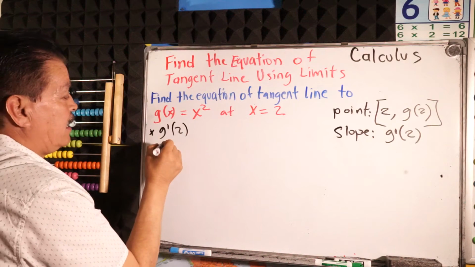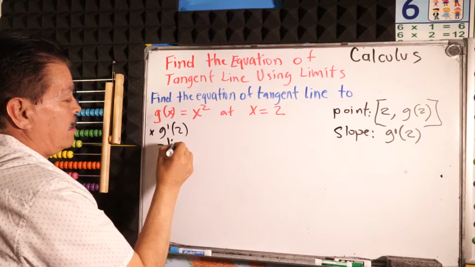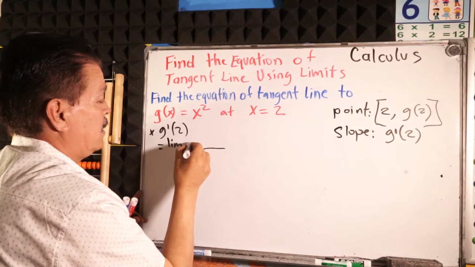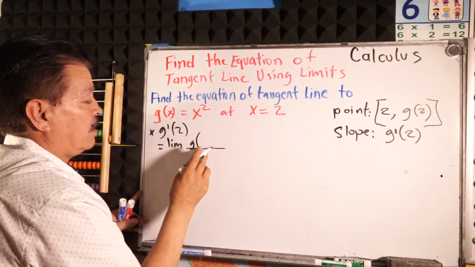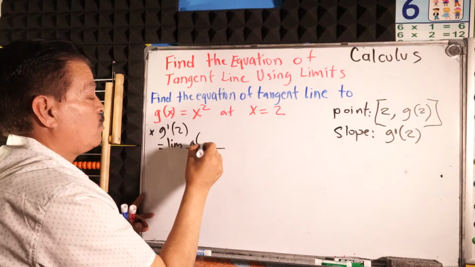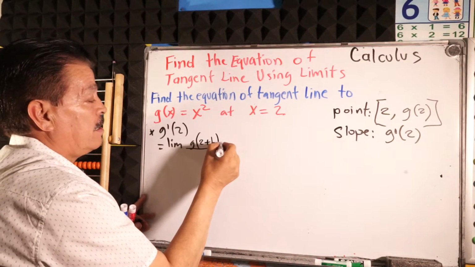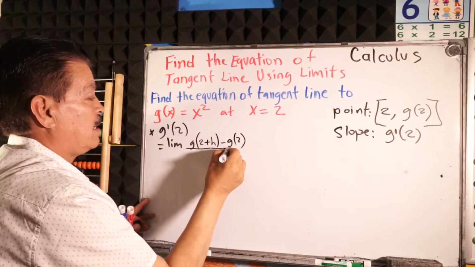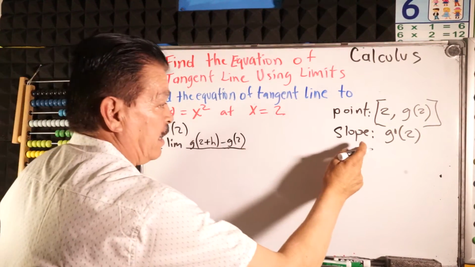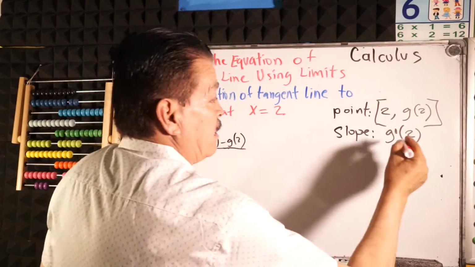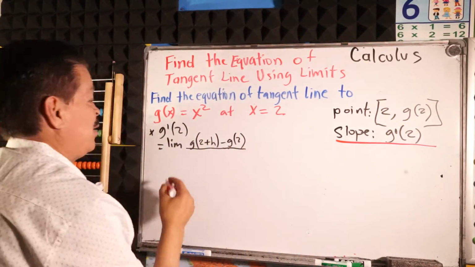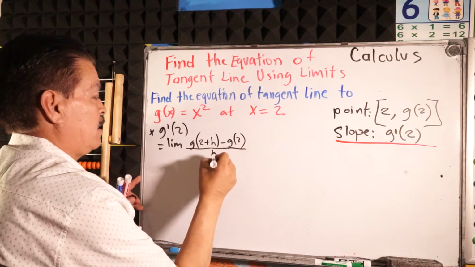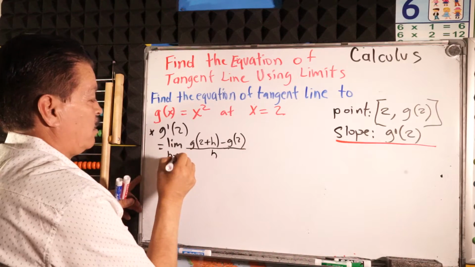Okay, this equals the limit of g. Remember the formula that I gave you before: g of 2 plus h minus g of 2, divided by h when h approaches 0. Remember, this is the slope, very important.